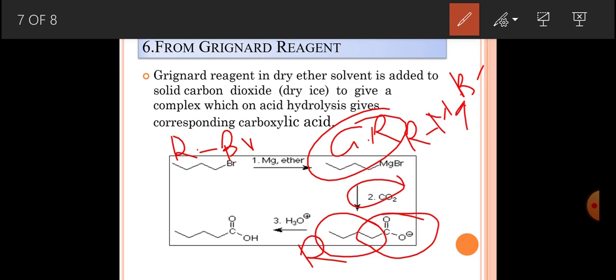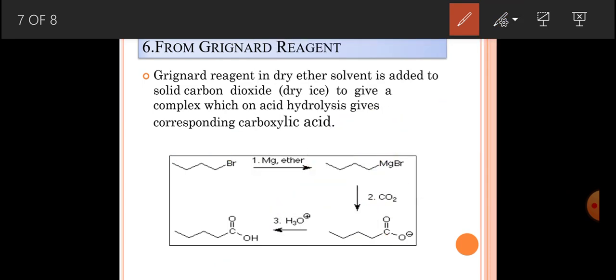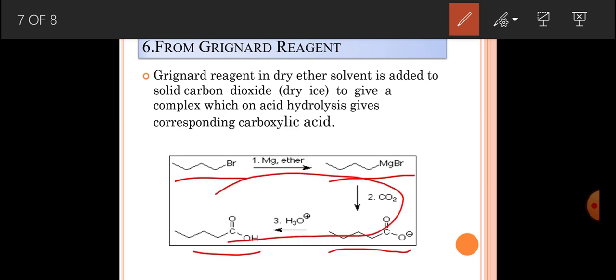So carboxylate ion undergoes acid hydrolysis and gives you formation of the acid, C double bond O OH. ठीक है. So that is the conversion of alkyl bromide to Grignard reagent, then carboxylate ion, and then acid hydrolysis gives you the acid formation. So this is the sequence for the reaction from Grignard reagent.